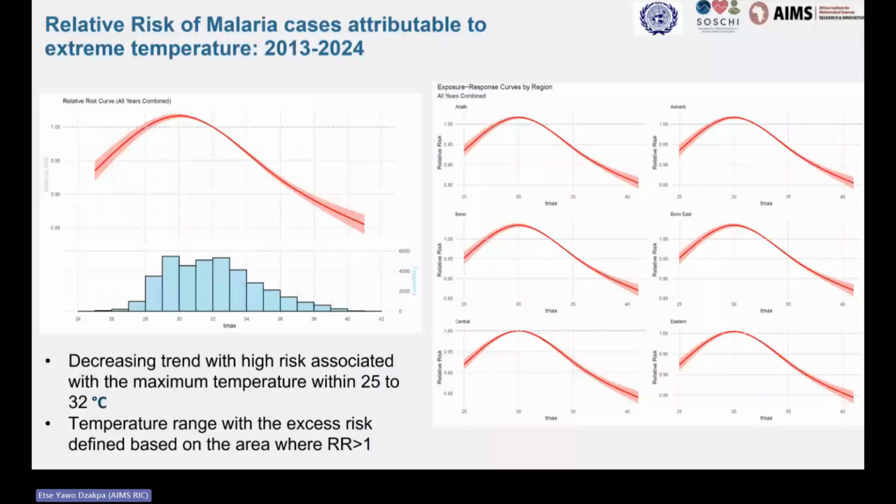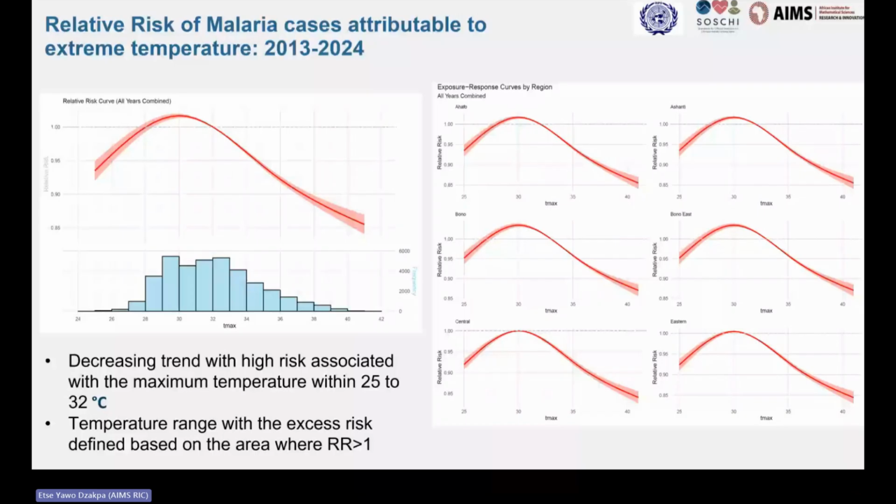If the relative risk is higher than 1, we have a high risk, and if it is lower than 1, we have something like a protective effect, not a harmful risk. So we clearly identify the range, and based on that range we are able to calculate later the relative risk, the attributable number, and the attributable fraction for Ghana cases.